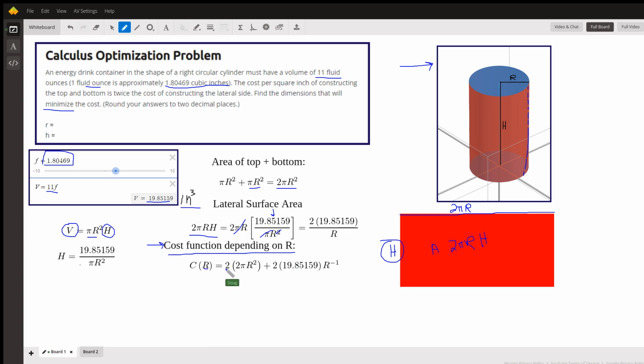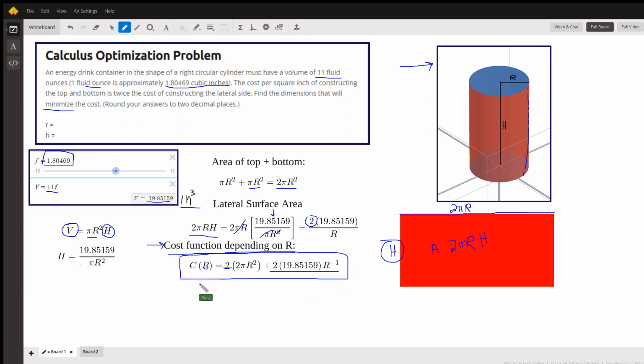Well, that's because the cost of the top and the bottom per square inch is twice that of the lateral surface area. So this 2 is because of twice the cost. And this term, this 2, is just from the formula for lateral surface area. Okay, so there's your cost function.